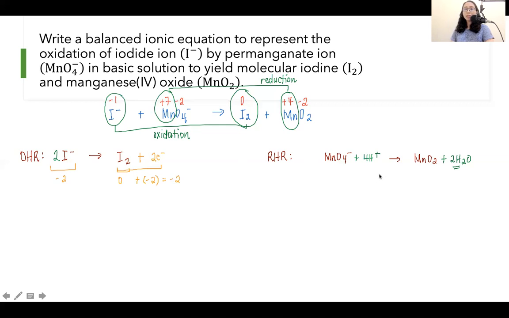Next, we balance the charges on the reduction half reaction. On the reactant side, we have a total charge of +5, while on the product side, we have a total charge of 0. So all of the molecules in the product side are neutral.